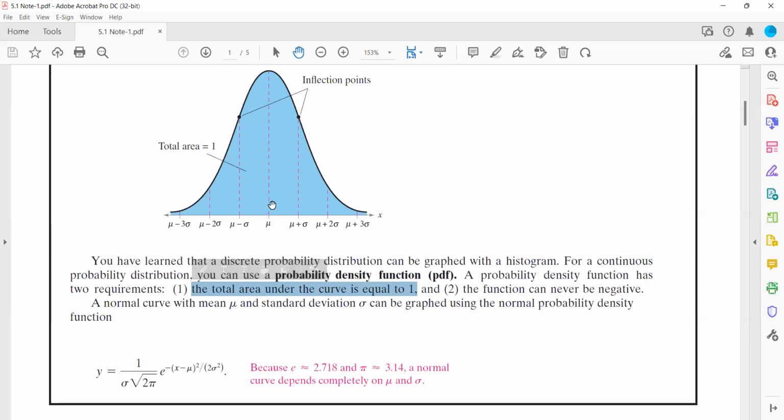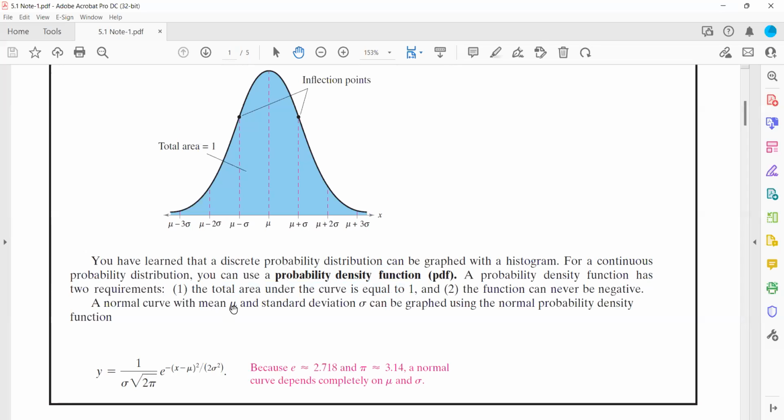Okay, this is a PDF, probability density function. So the area below the graph is 100% or 1. Second, the function can never be negative. It means that the y value of the function doesn't go below the x-axis.